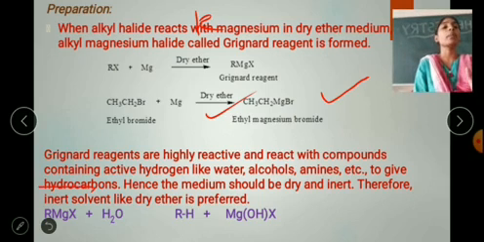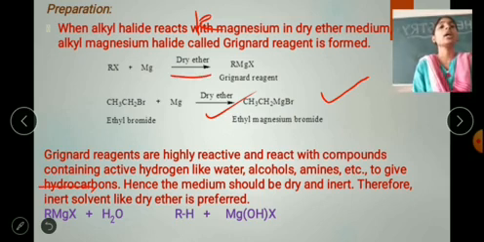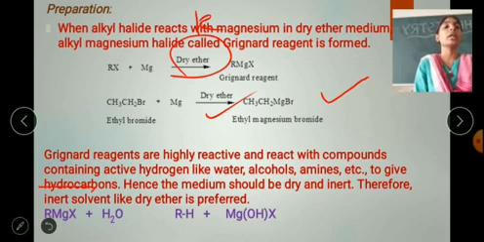So we are going to use dry ether, right? If we work without dry ether, in case any small amount of moisture is present, it is going to react with that and form a hydrocarbon. Hence the medium should be dry and inert. Therefore an inert solvent like dry ether is preferred.